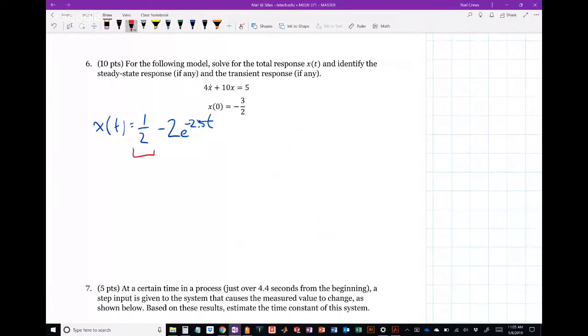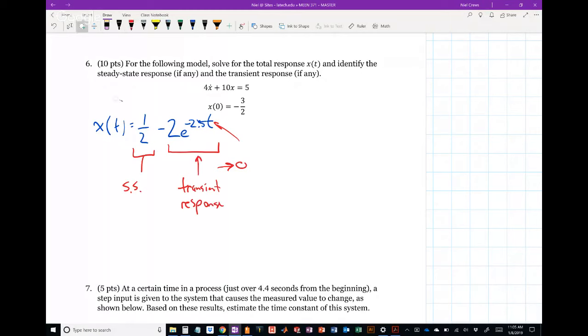Right, we can see that this is a constant, so that's going to be our steady state. And then this decays, as you see that this goes to 0 as t goes to infinity. Then this is going to be our transient response right here, and then this is our steady state.